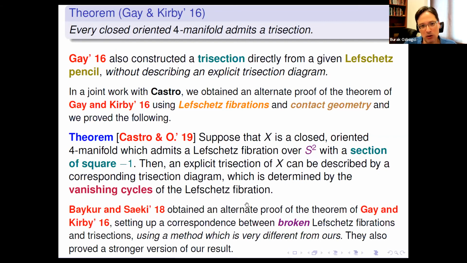Their method uses generic maps and is much more sophisticated than what we did with Nick. They also proved a stronger version of our result: they don't need this section. They can turn Lefschetz fibrations, even broken Lefschetz fibrations, into trisections and vice versa.